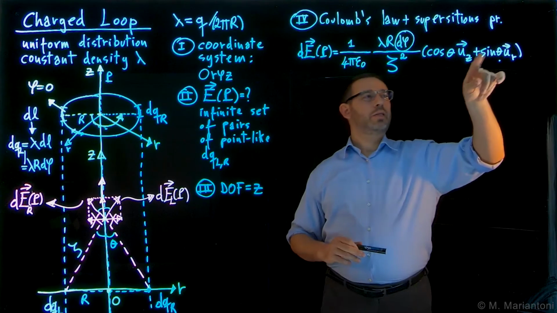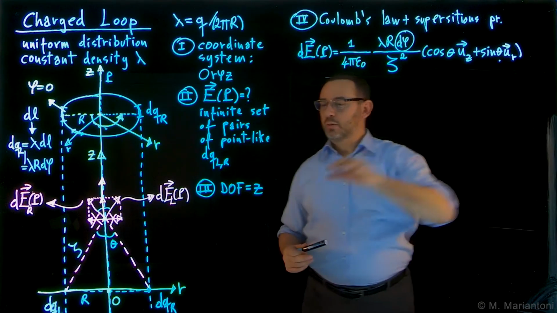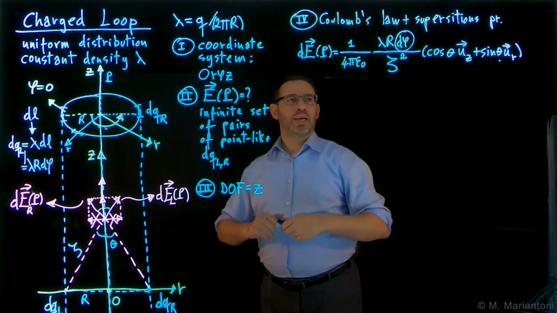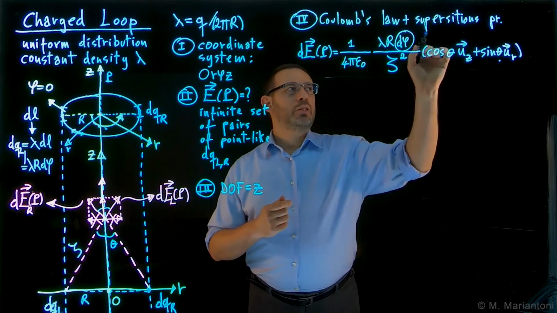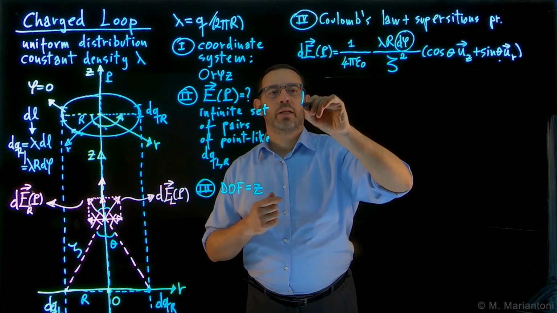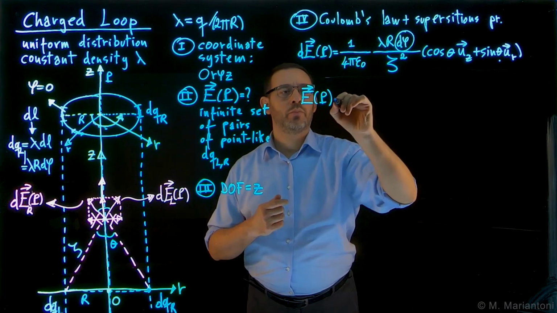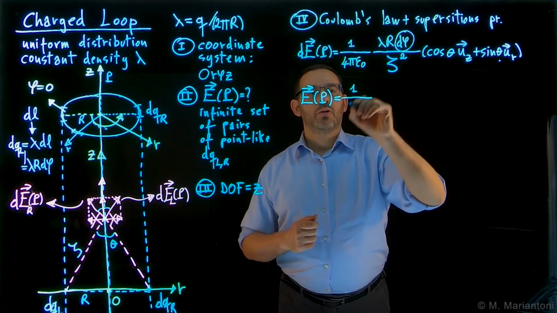So now we already know that this sine of theta component will go to 0 from the argument about the degrees of freedom. However, we can more formally show that. So let's integrate using the superposition principle to obtain the electrostatic field E at point capital P. We obtain 1 over 4 pi epsilon naught, as always.